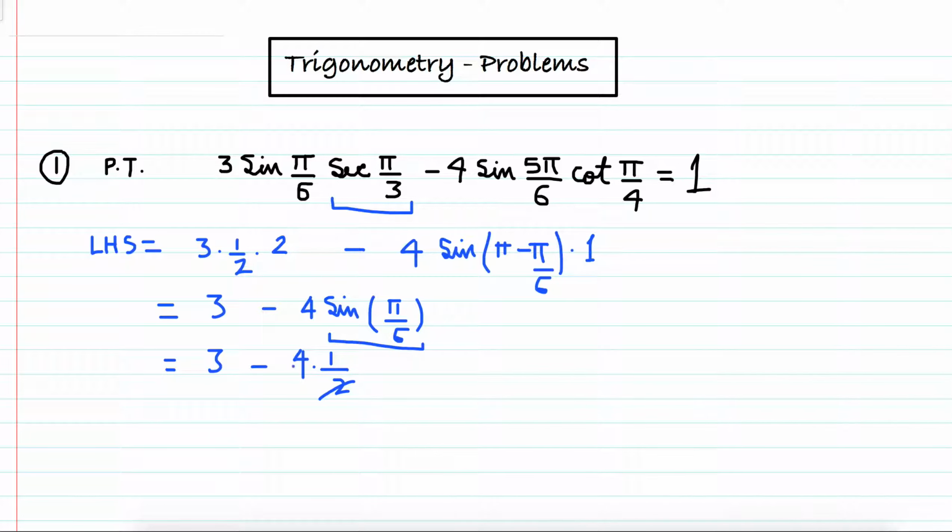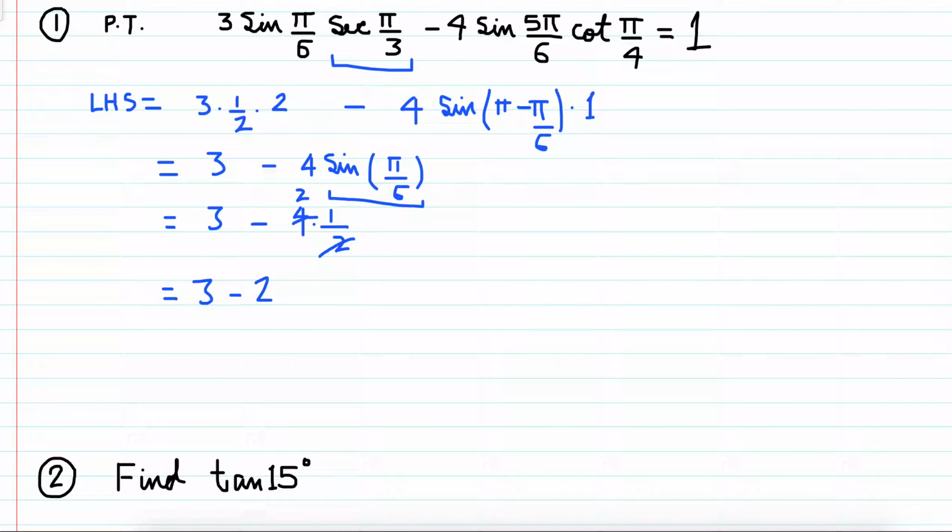So this 2 cancels it 2 times. So we have 3 minus 2, which is equal to 1. And this is equal to our right hand side.